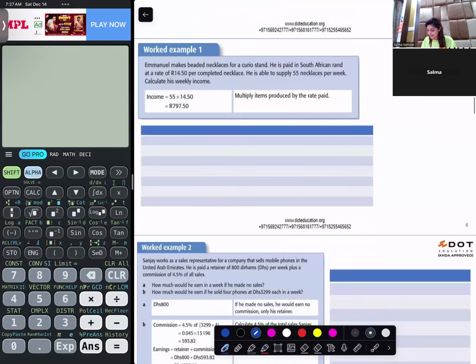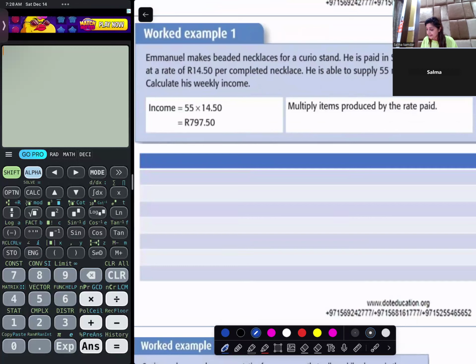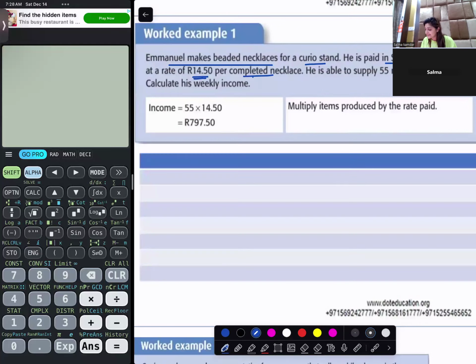Let's take a worked example. Emmanuel makes necklaces for a curio stand. He's paid in South African currency at the rate of 14.50 per completed necklace. So for one necklace, how much is he getting?